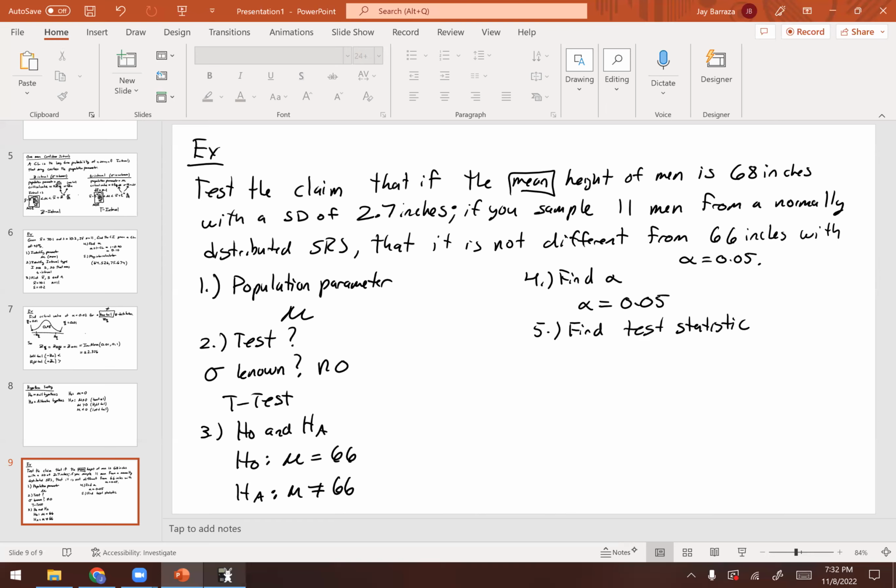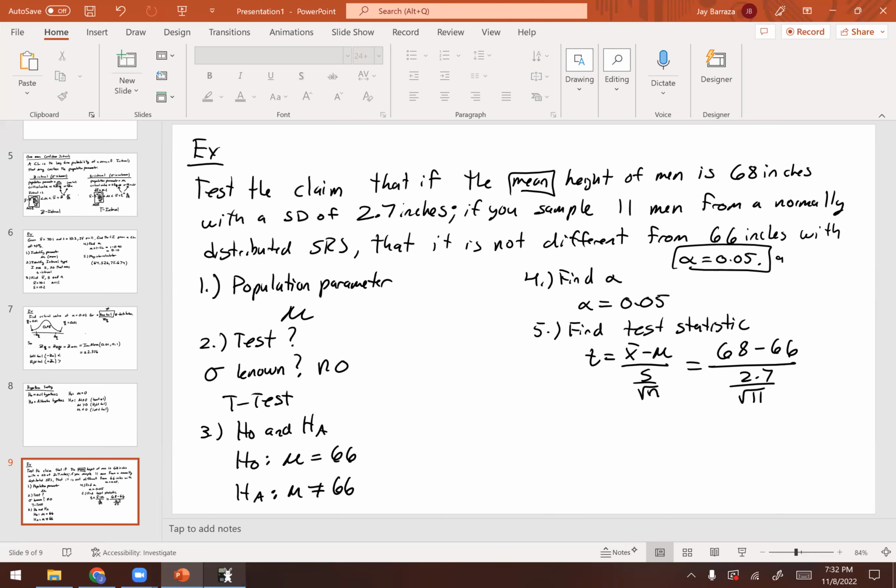So the test statistic is going to be T equals X bar minus mu over S divided by square root N. So that's going to be 68 minus 66 over 2.7 divided by the square root of 11.